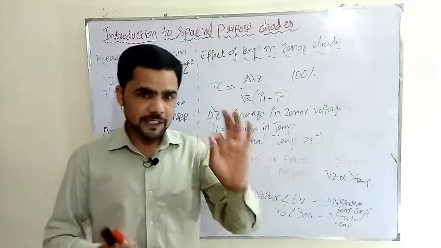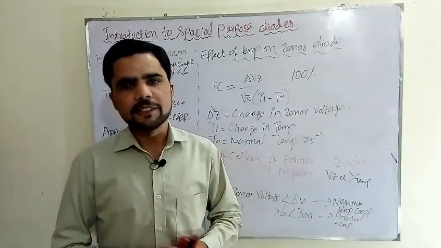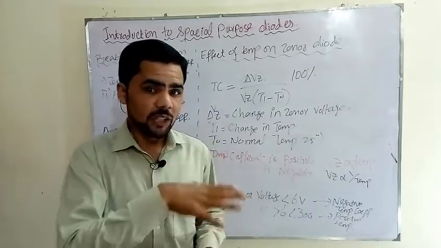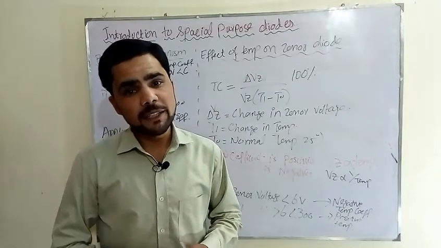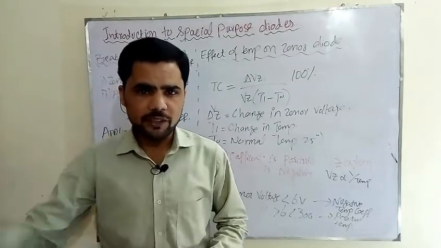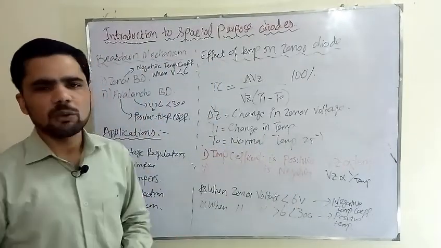In a Zener diode, power dissipation capability is very high compared to a general purpose diode. So this diode is used for applications where a general purpose diode cannot be used. This is the explanation about Zener diodes.